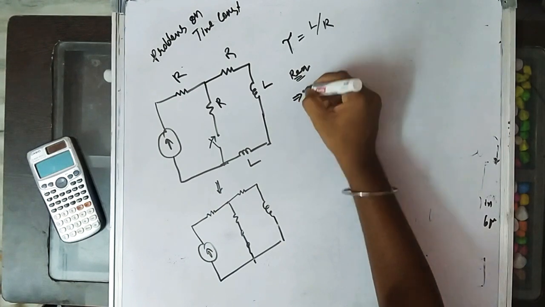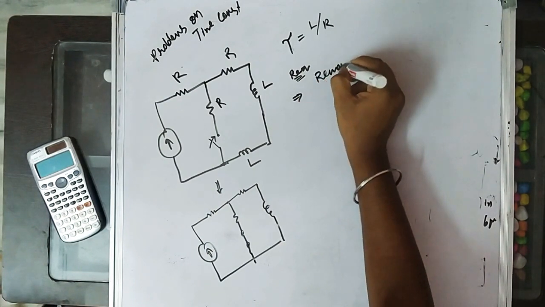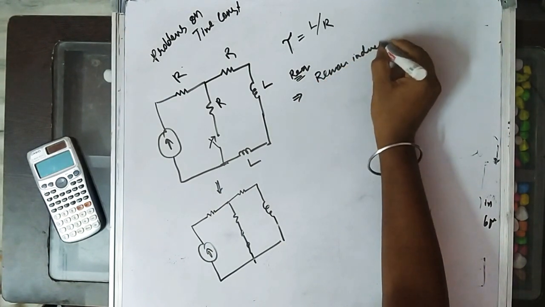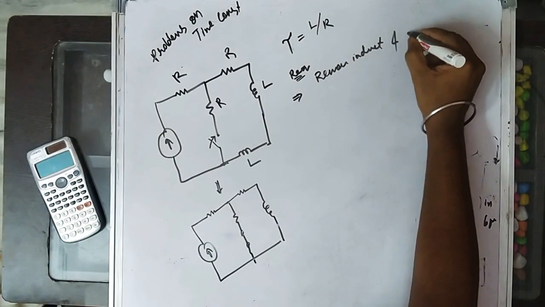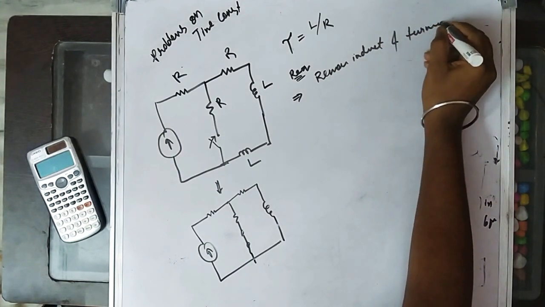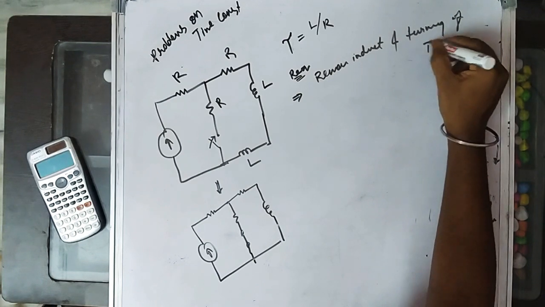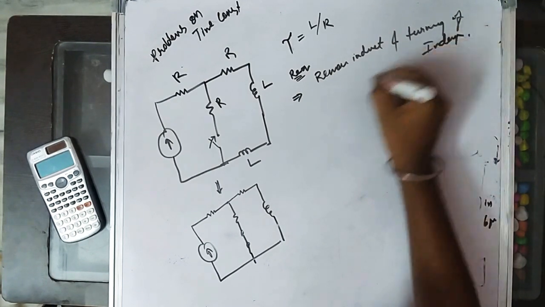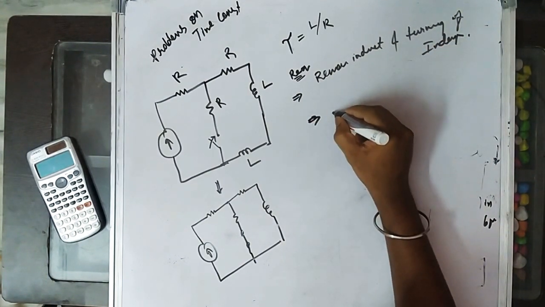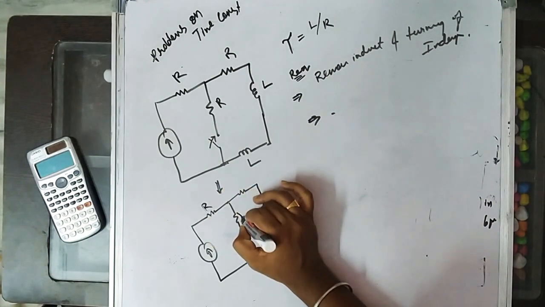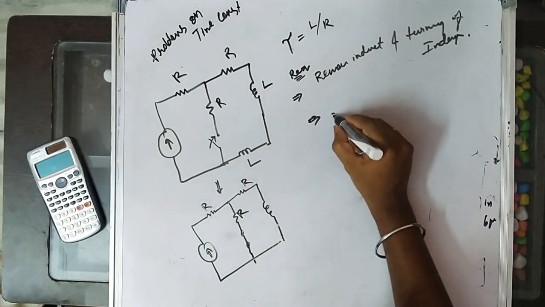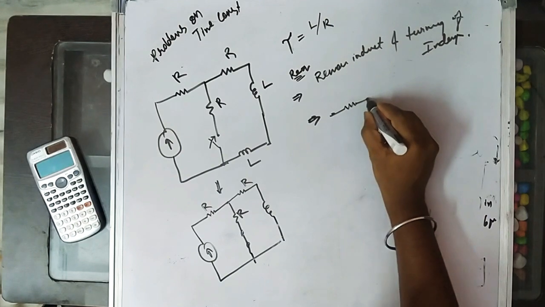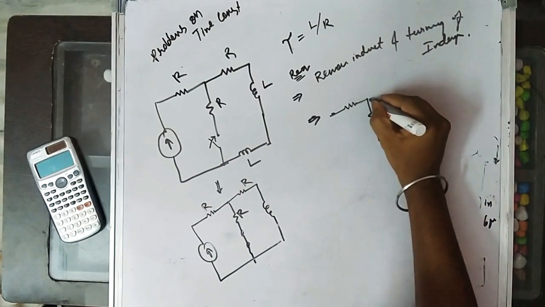After removing the inductor and turning off the independent source, we will have a circuit like this. This is R, this is R. So you will have a circuit of this form.